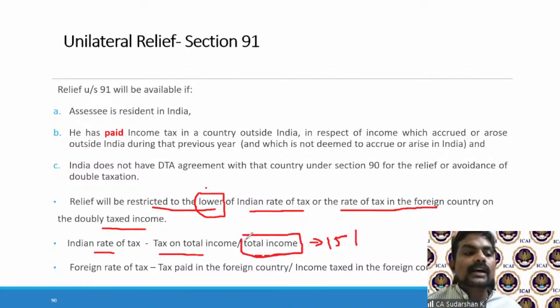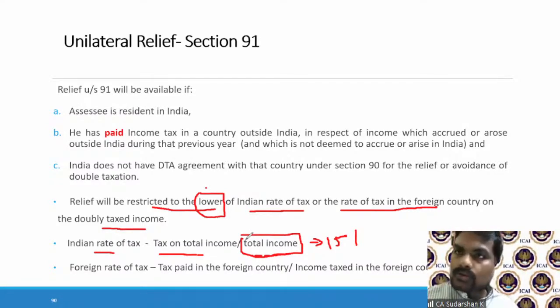Because total income is after giving effect to your Chapter 6A deductions. So normally, after giving your deductions, your effective tax rate will always be lesser than your nominal rate. I repeat, nominal rate is the headline rate. Effective tax rate will always be less than your nominal rate, because when we say a country has a corporate tax rate of 9%, 10%, that is called the nominal rate.